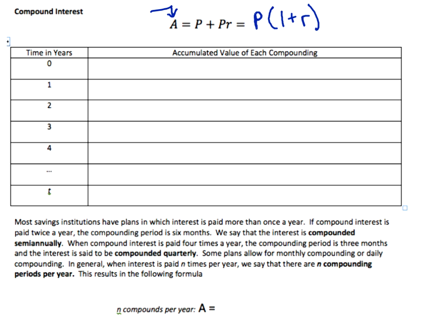All right, so we're going to do accumulated value for each compounding, and compounding is just how many times that interest gets calculated and placed back onto the account. Let's say we have that savings account with $100. It compounds monthly at 10% a month.